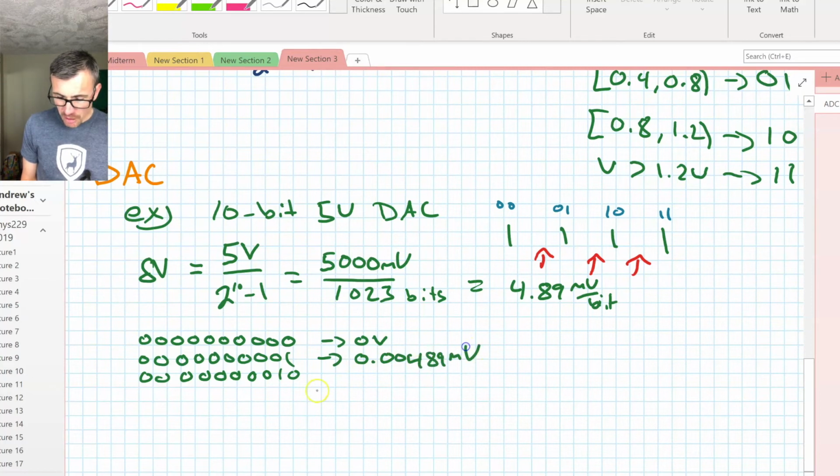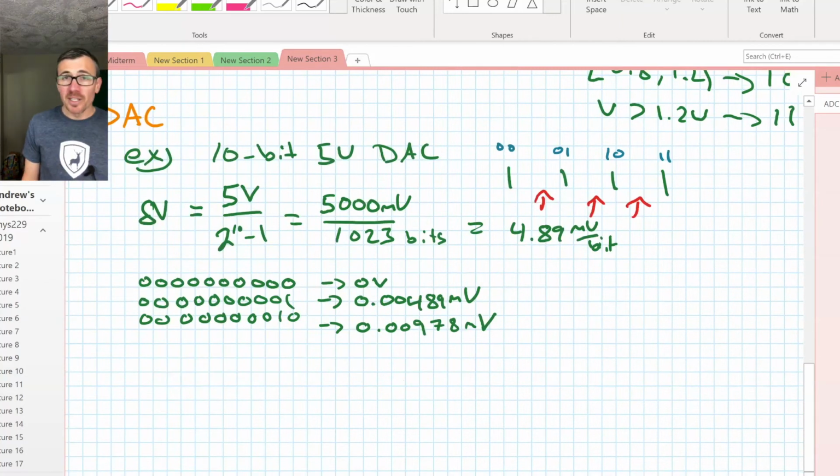Again, probably won't get this voltage resolution because there's going to be other noise in the system, but this is what it's ideally putting out. And we can put out 2, which will give us twice that value, which is 0.00978.